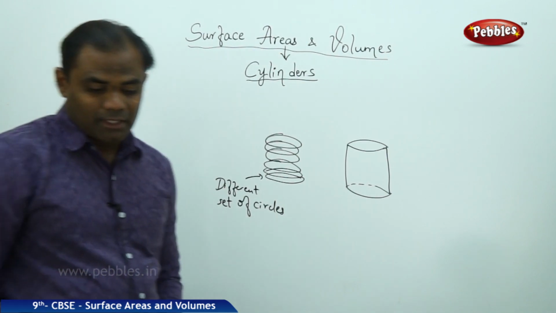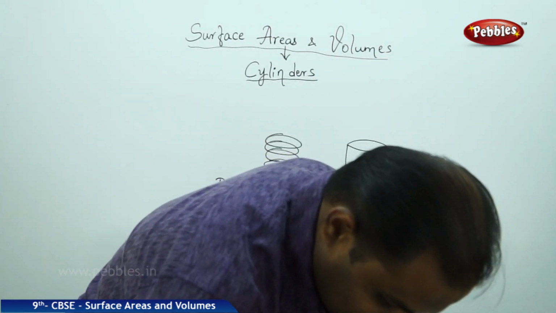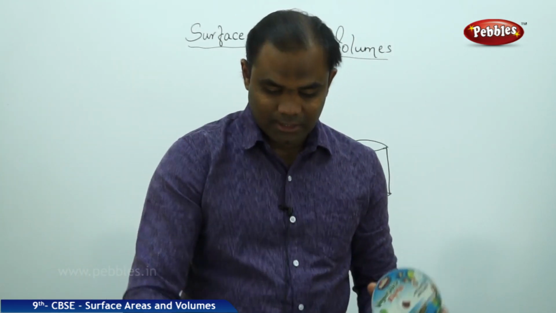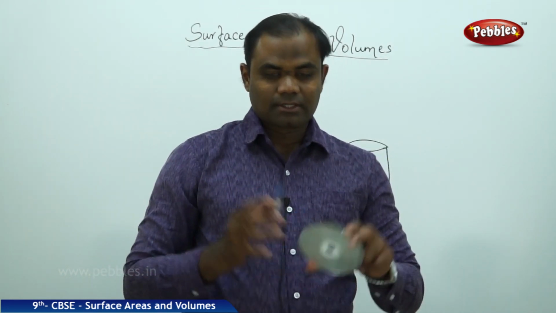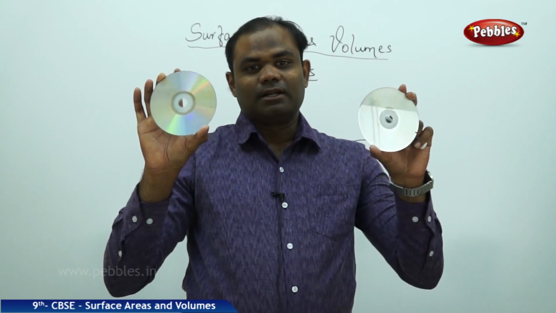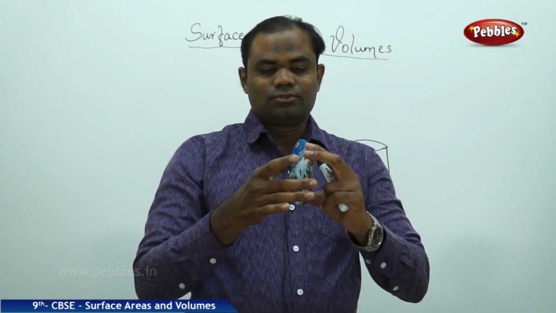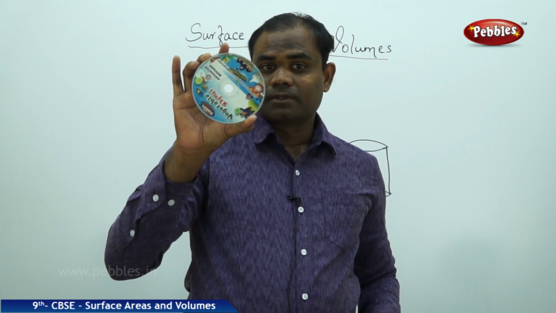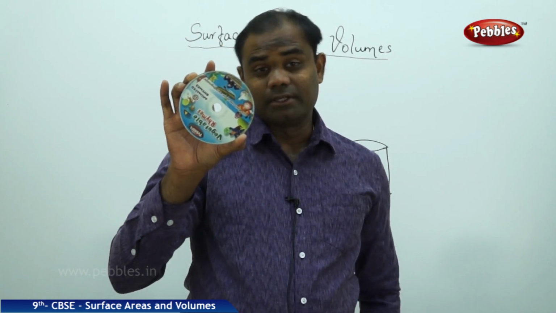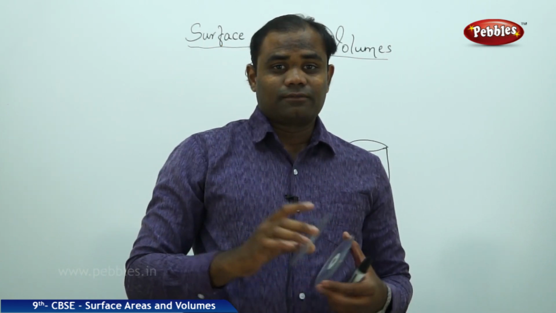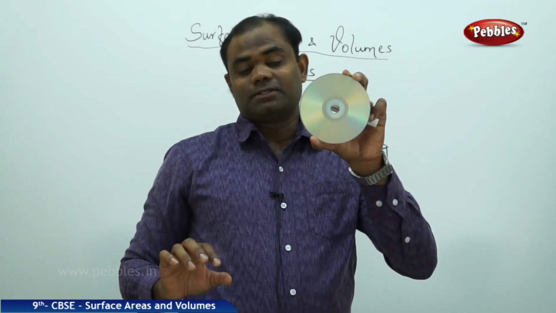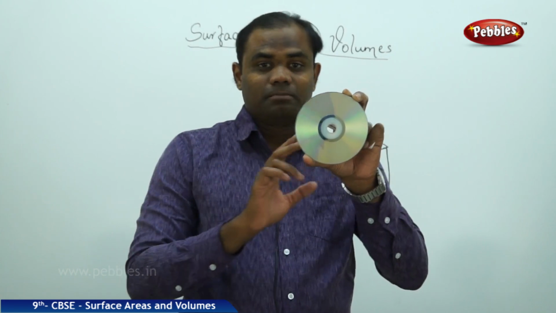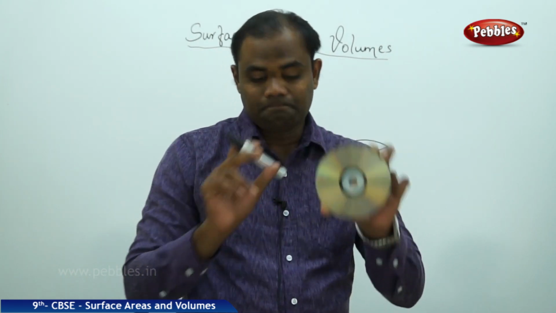If I take two different CDs, I see that the two CDs are equal in size. The two CDs do not have different sizes, but the two circles are assumed to be of the same size. The rule for constructing a perfect cylinder is that all the infinite circles must have the same size. This is how we understand the important means of constructing a cylinder.